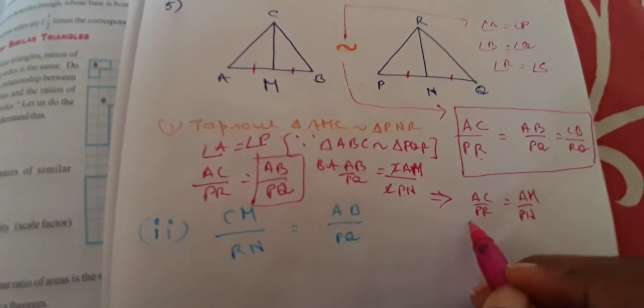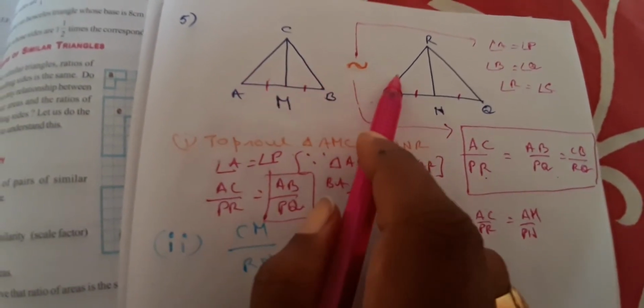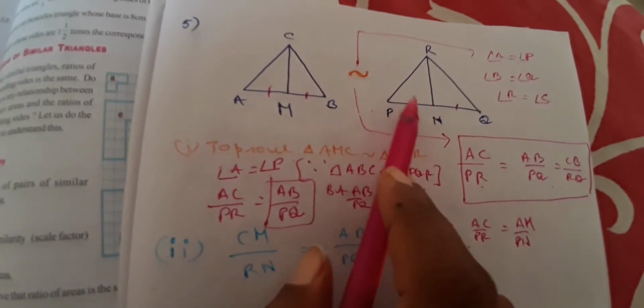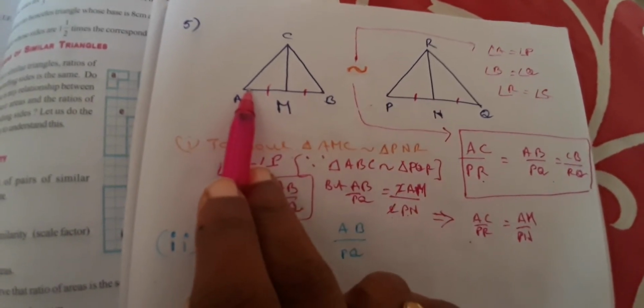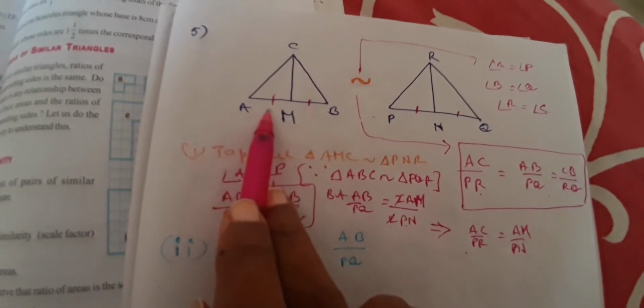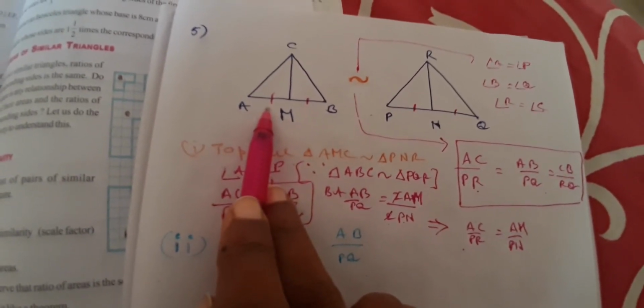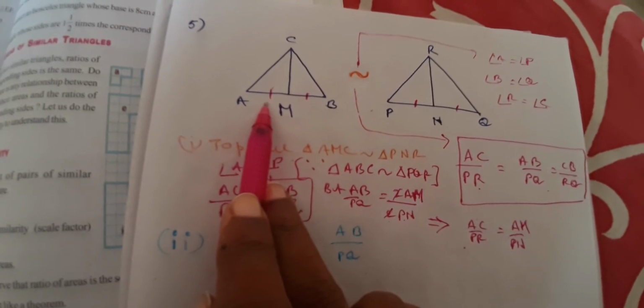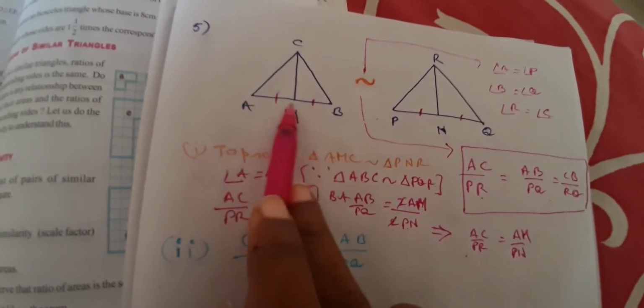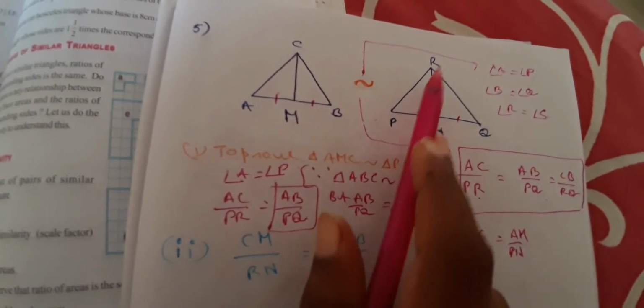Hence, what is happening? These two corresponding sides are proportional. Two sides are proportional and one angle is congruent, equal. So you can use the side angle side criterion of similarity, and you can say that triangle ABC is similar to triangle PNR.